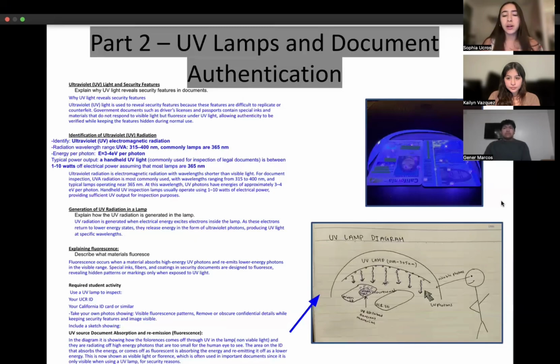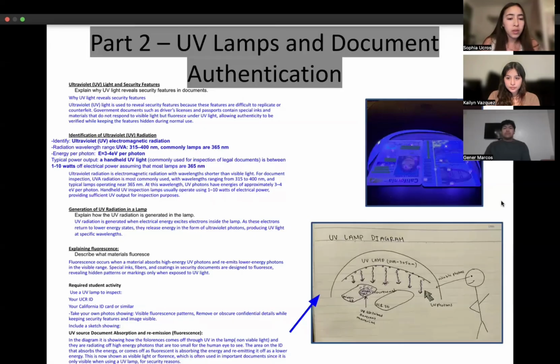As shown in the diagram, the UV lamp gives off UV radiation that is invisible to the human eye, but gives off a purplish hue. The part of the ID that is fluorescent absorbs that radiation and instead puts off a lower photon energy, which is visible to the eye now.